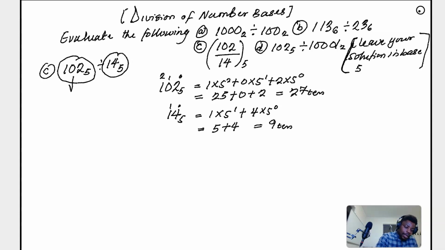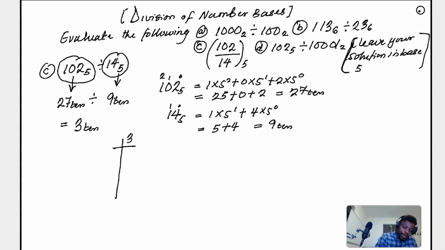So here I've gotten 27 in base 10, and here I've gotten 9 in base 10, and you are dividing. 27 divided by 9, that is 3 in base 10. But remember, here, our question is in base 5, so I have to take to base 5.